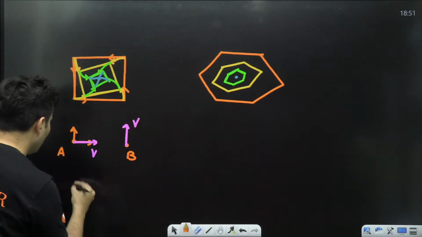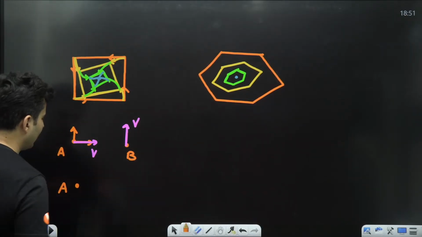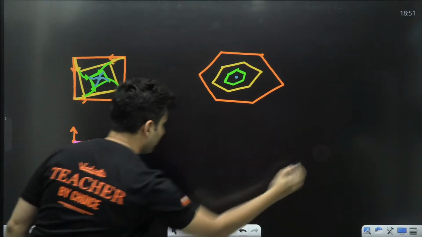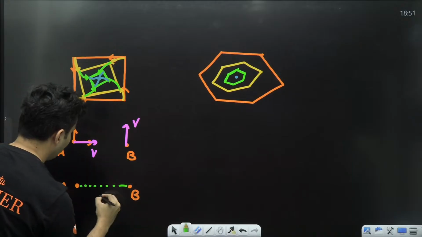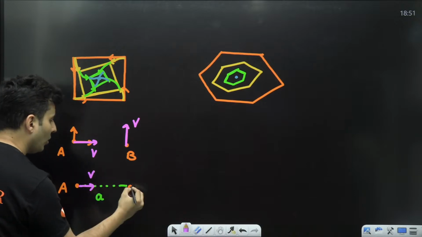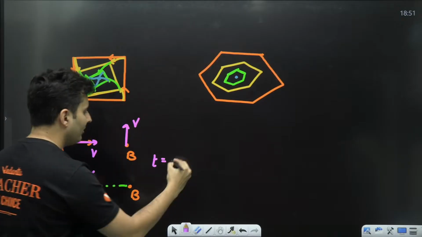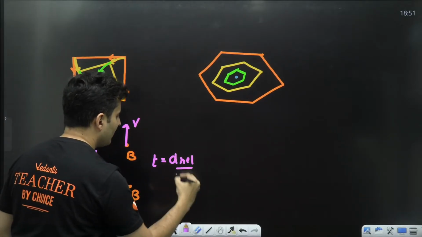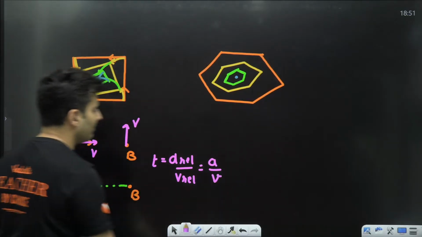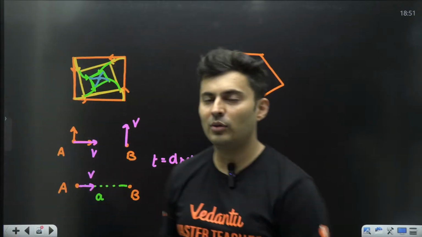So in the next step, if I just look at the motion along the line separating them, which are separated by distance a, there is only one velocity and that is V. There is no component of B along that line. So that time will be relative distance by relative speed, which is a divided by only one speed, which is V. So the answer will be a by V for a square.